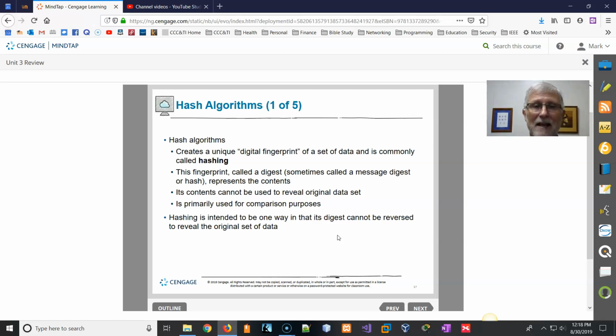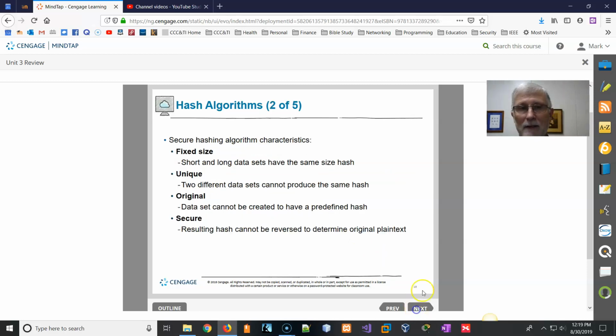The contents cannot be used to reveal any of the original data set, and it's primarily used for comparison purposes. Now, hashing was intended to be one way: a digest cannot be reversed to reveal its original set of data.